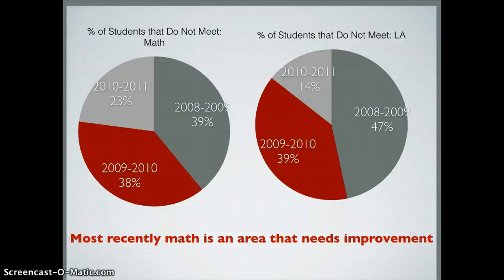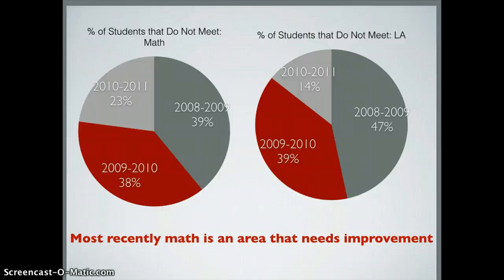If you look at the percentage of students that do not meet for language arts, we have 2008, 2009 at 47%. It has decreased the next year to 39% and the latest year to 14%.